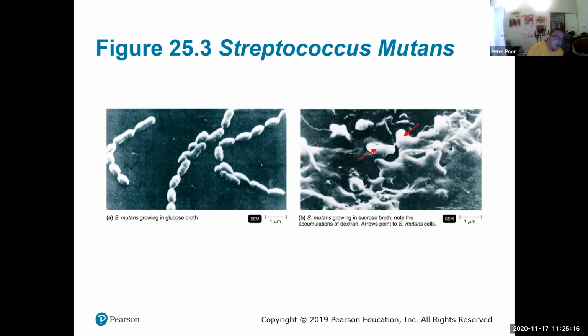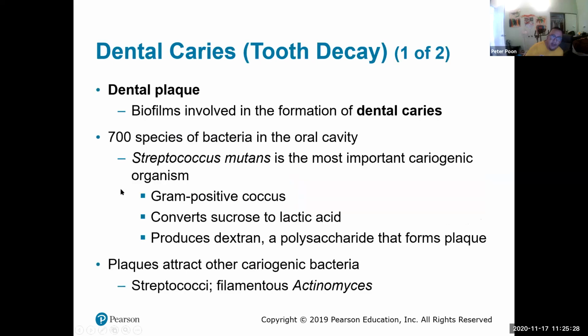Streptococcus mutans actually requires sugar, like it very heavily requires sugar to grow. So that's why eating sweet candy and all this stuff causes cavities to grow.